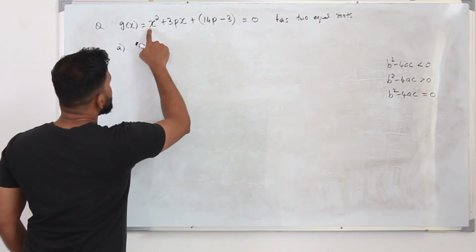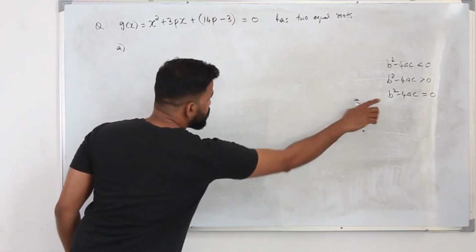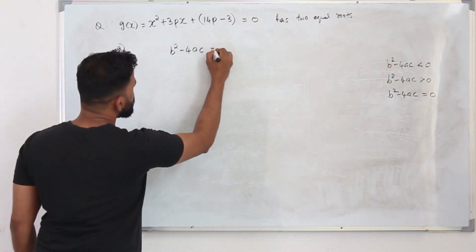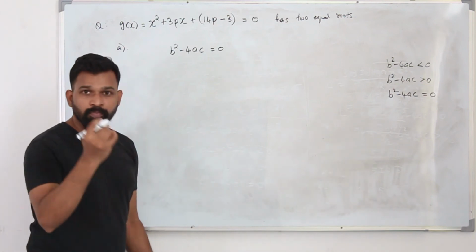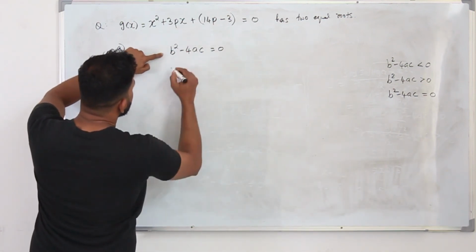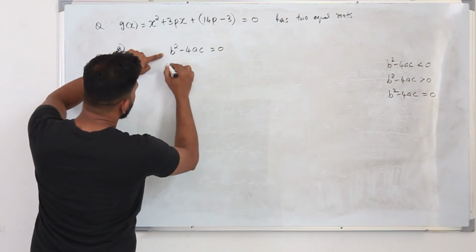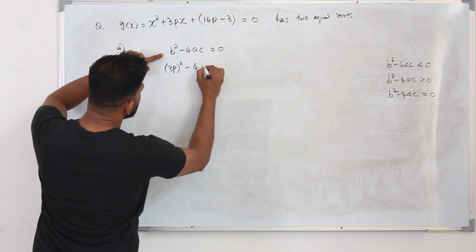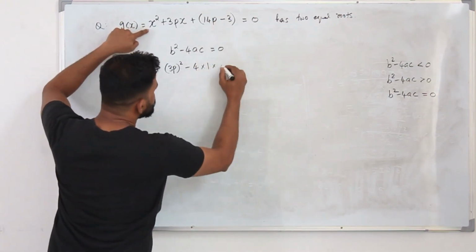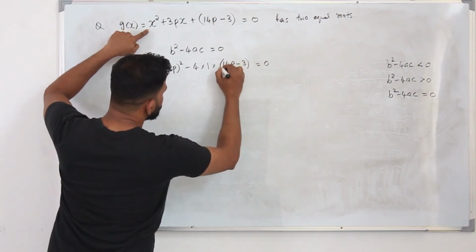So we are going to take the values a, b and c. This whole thing is c. Substitute here. B square minus 4ac equals 0. So plug in the values for a, b, c. B square, which means 3p whole square, minus 4 times a, the coefficient of x square, and c, 4p minus 3, is 0.